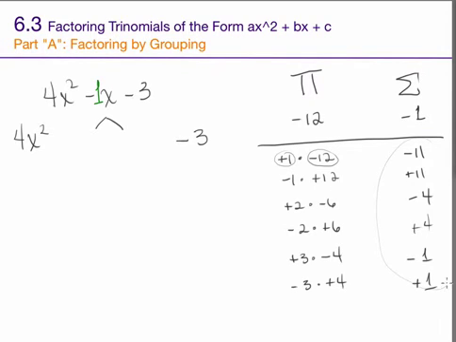Which one of these matches this? Where is negative 1 in this list of numbers? It's here. So since negative 1 was the sum of 3 and negative 4, 3 and negative 4 are the numbers that I need to use as my middle two terms.